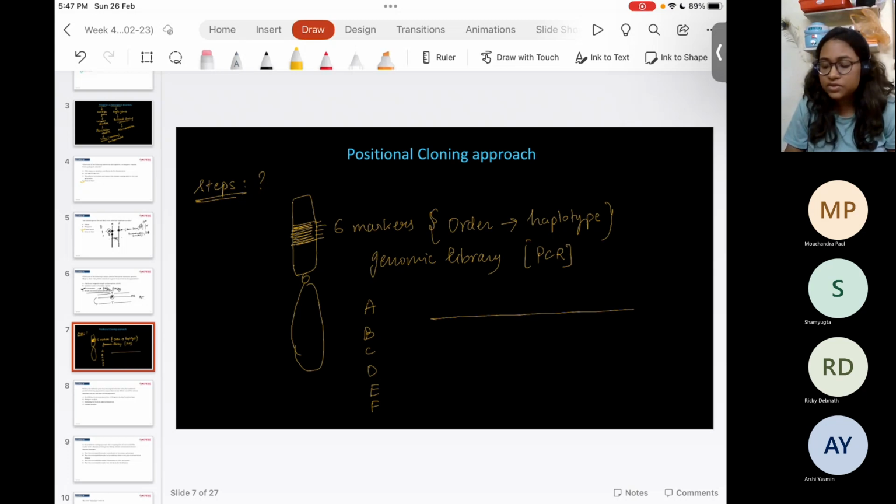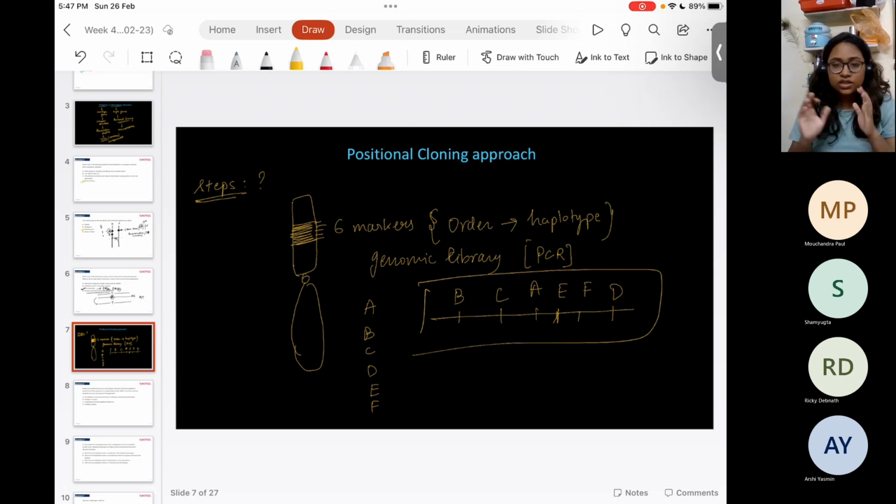After doing that, you will see that, say, B is present in the first position, D is present in the last position, or there is C, then A, F, E. So you found from the PCR that this is the actual order in which these markers are present within the chromosome. This you do by physical mapping or chromosomal walking.